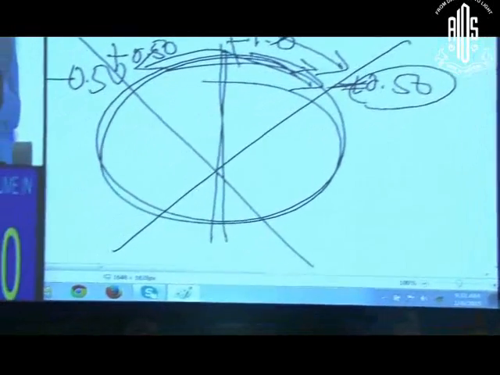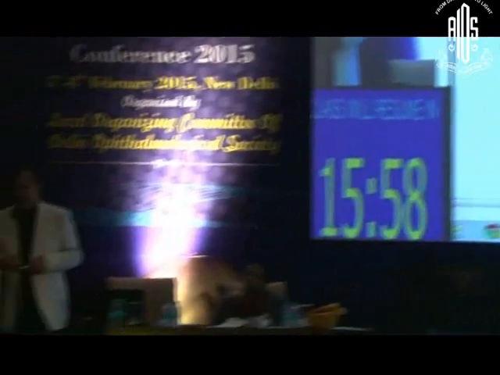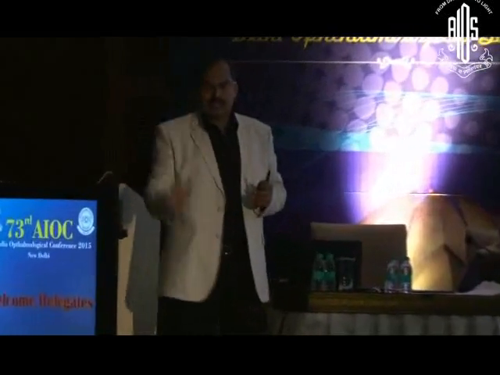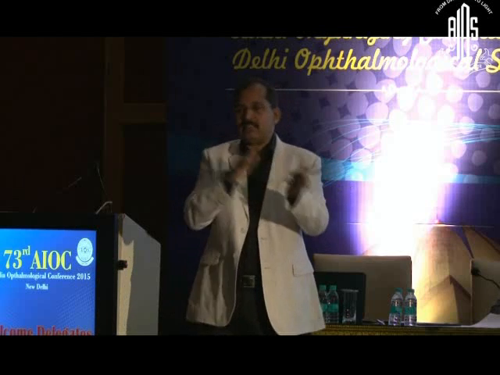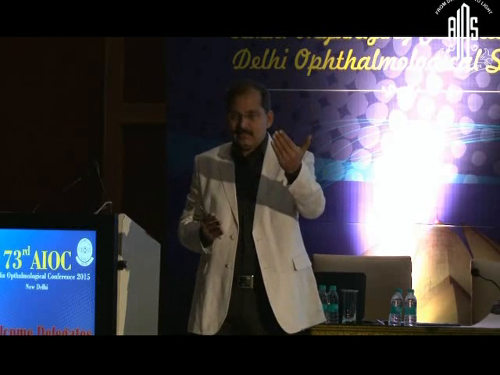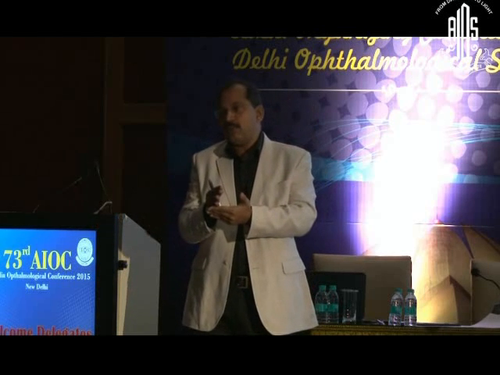Second is power. Power is very simple, it's no big deal. You have to align the axis to axis. The test cylinder is at 90, you align the first plus cylinder, then turn it by 90 degrees and align the negative cylinder. It is like changing the cylinder by 0.5 this side and that side. If you align the two cylinders, imagine it's already a minus cylinder, you align another minus 0.5 of the cross cylinder, it becomes minus 1.5.